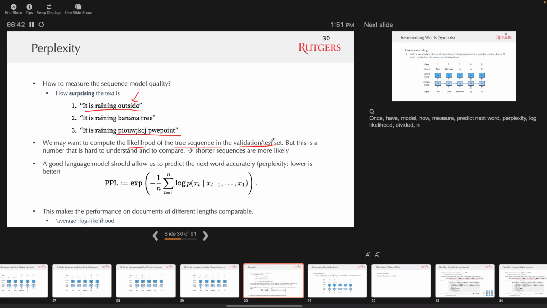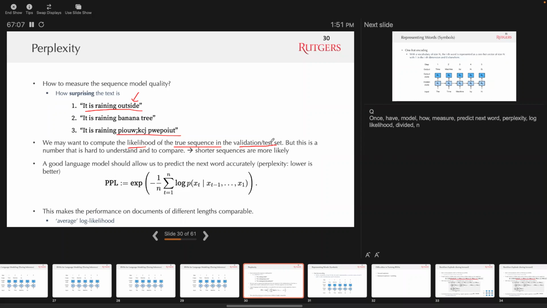If you have 4 words, it's going to be a product of 4 terms. Therefore, if you have a longer sequence, you have more terms in the product, which means your likelihood is also going to be smaller. So this is not a good metric if you directly compute the likelihood, because a longer sequence means a smaller likelihood.